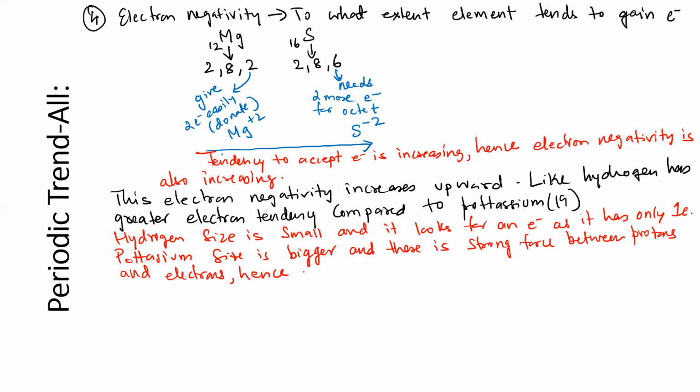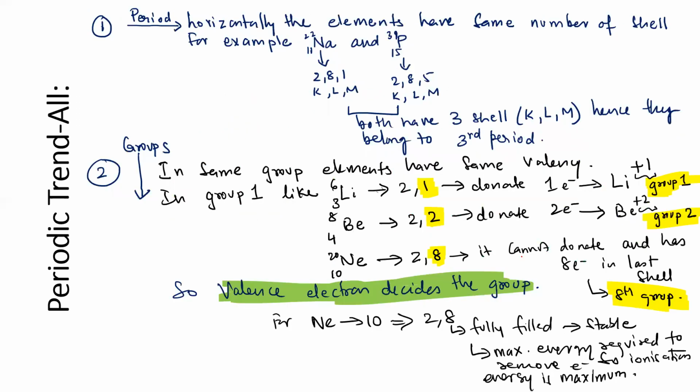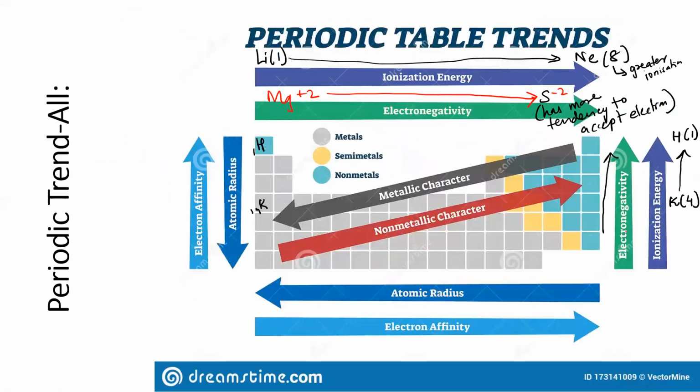Hence, outside electrons cannot be attracted, so it does not look for more electrons to be accepted. It does not have any sort of tendency to take an electron. And that is why it increases as we move up, from potassium to hydrogen. So potassium has low and hydrogen has high electronegativity.